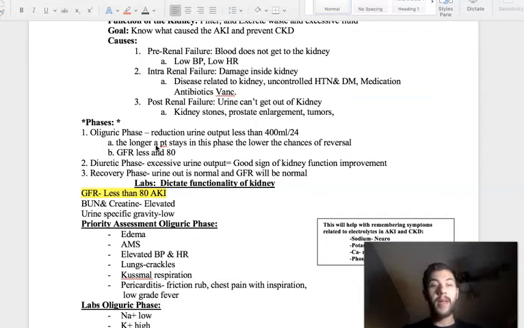You have the diuretic phase, which is basically an excessive urine output. It's a good sign. That's how you know that the kidney is gaining its function back, and it's improving. Recovery phase is basically the urine output is normal and the GFR is normal.